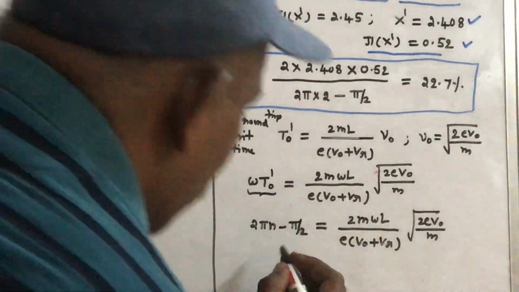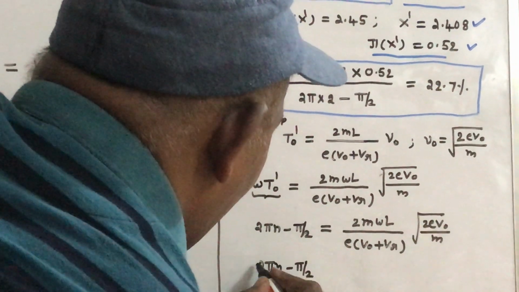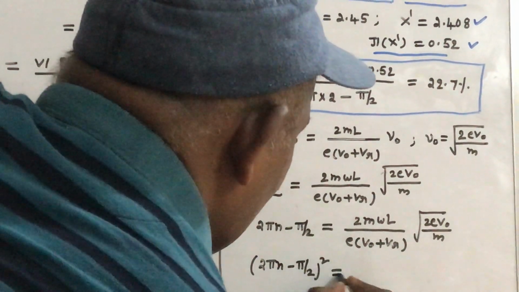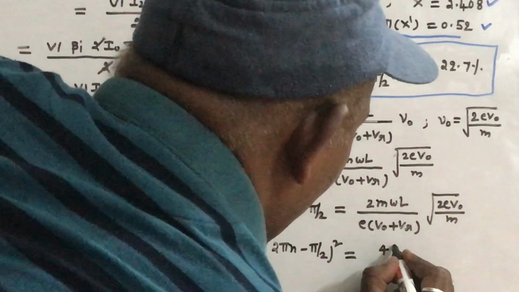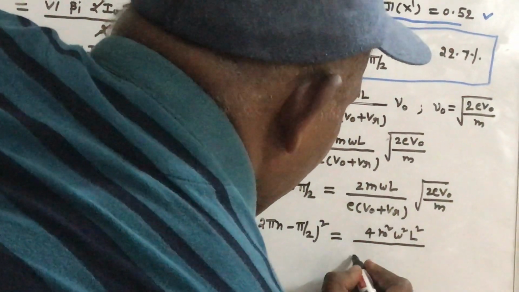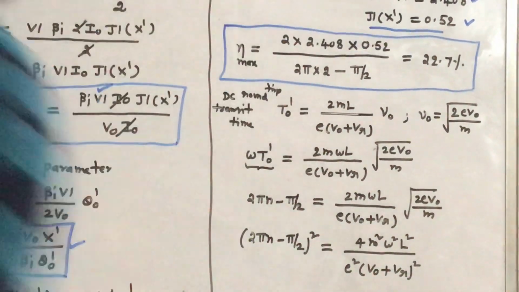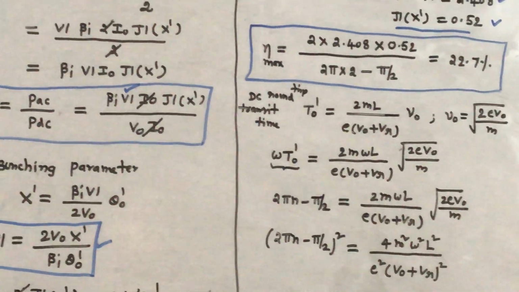So let us square on both sides. That is equal to 2 pi n minus pi by 2 whole square. So what will it come out as? 4 m square omega square L square by E square into V0 plus VR whole square, into the square root, and the square cancels out.